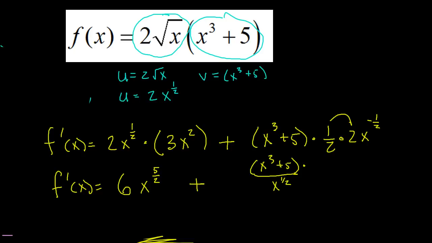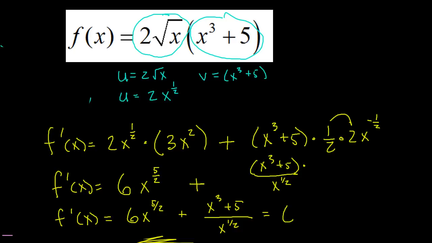All right, so let's see here. So a nice answer could be 6x to the 5/2 plus x cubed plus 5, all divided by x to the 1/2. But, I mean, I could keep using my algebra skills to make this look a little bit better.